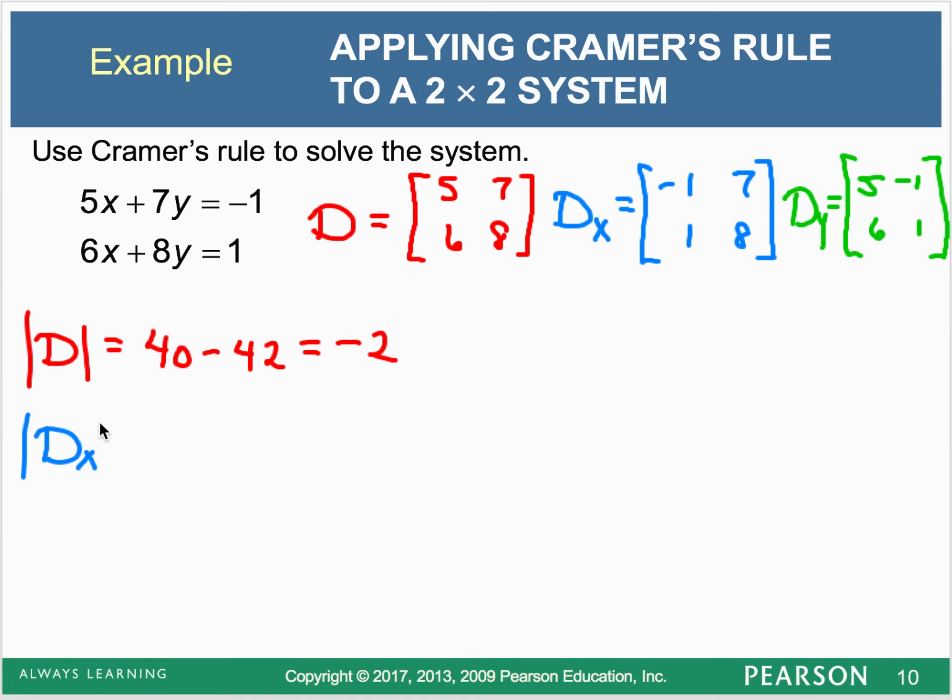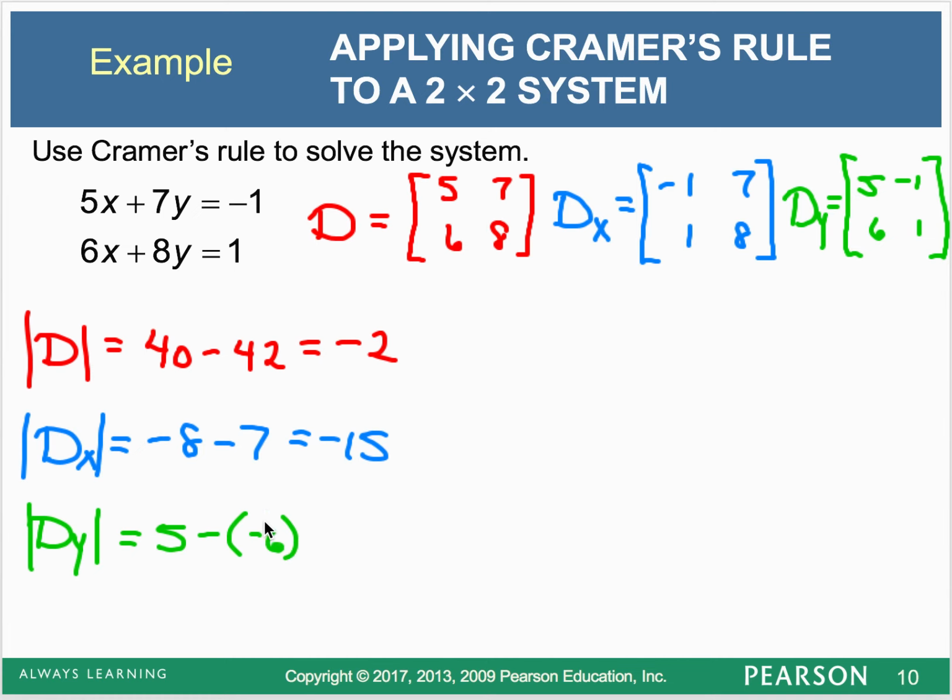So the determinant of D sub x will be negative 8 minus, negative 8 minus 7, negative 15. And the determinant of D sub y is 5 times 1, minus, okay, negative 6. 5 minus negative 6.